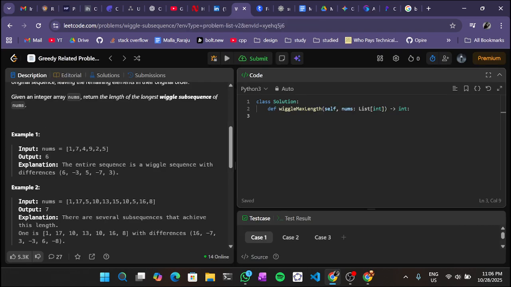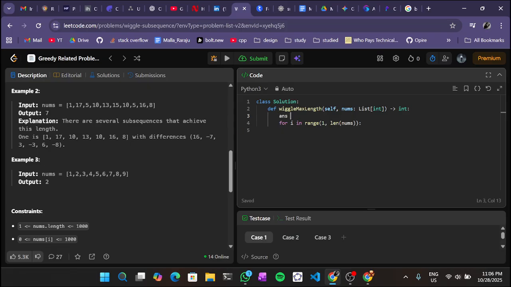So let's go. Length of nums. I think we don't need range. Let's keep count equals to 1.